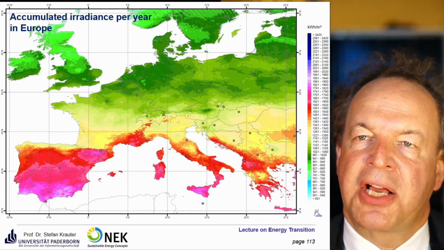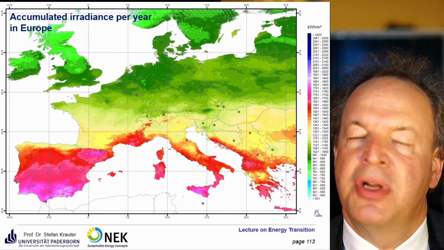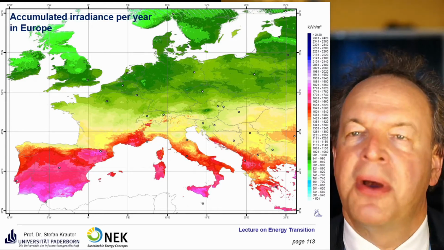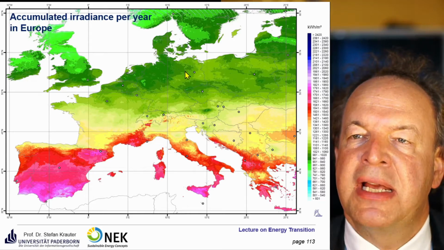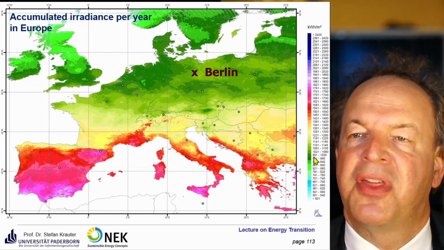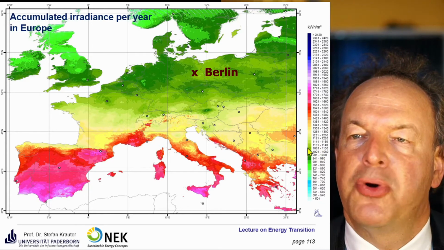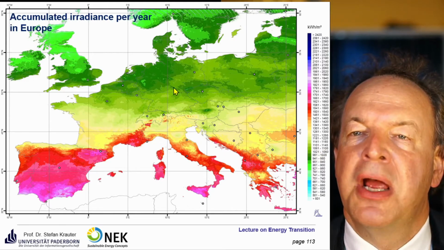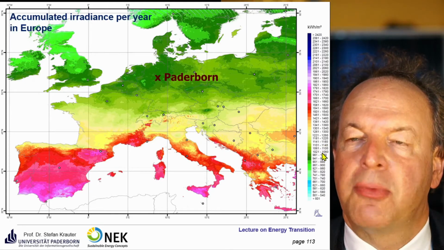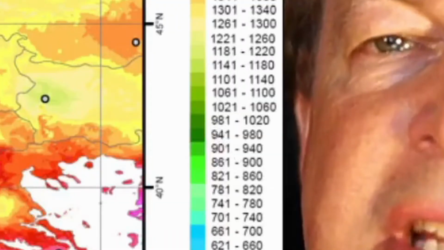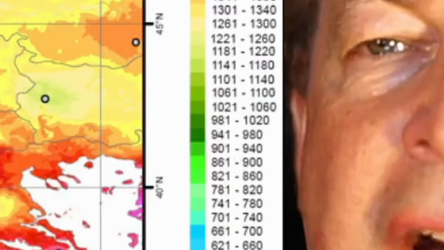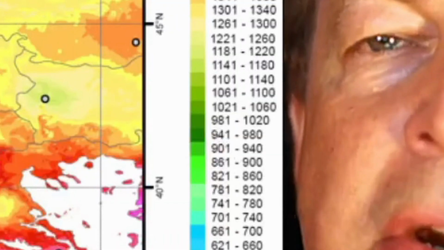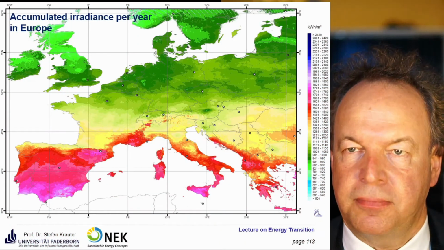Here is the accumulated irradiance during a year all over Europe. We get some data here from Berlin. You see about 1000 kilowatt hours per square meter per year. In Paderborn it's a bit less, a bit darker green color, in the vicinity of 950 kilowatt hours per square meter per year.